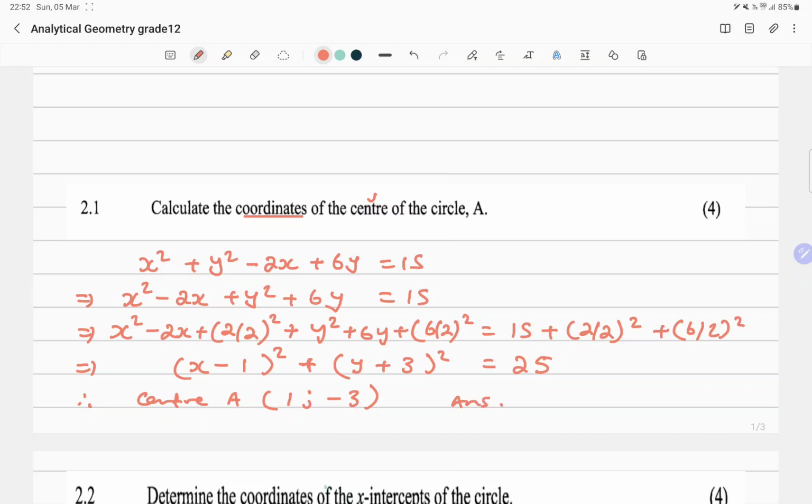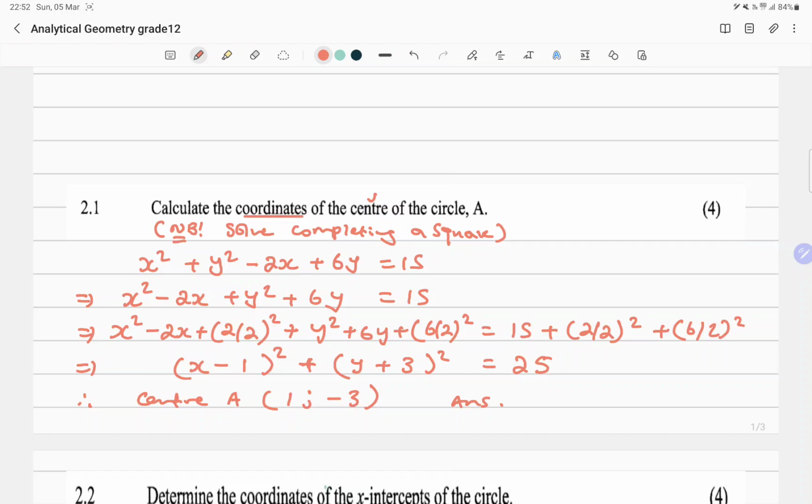That becomes the answer. So that is how one solves this, by completing the square. Once it's given in the expanded form, you solve it by completing the square.